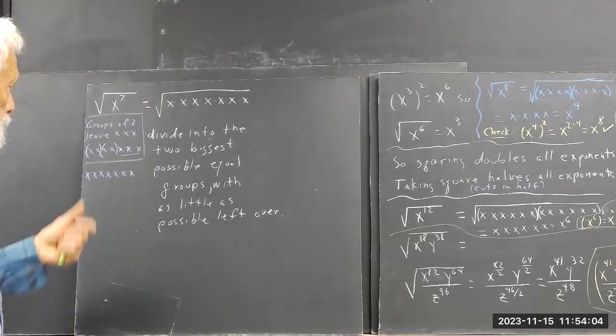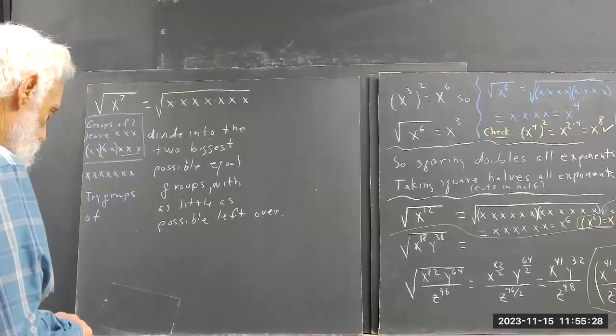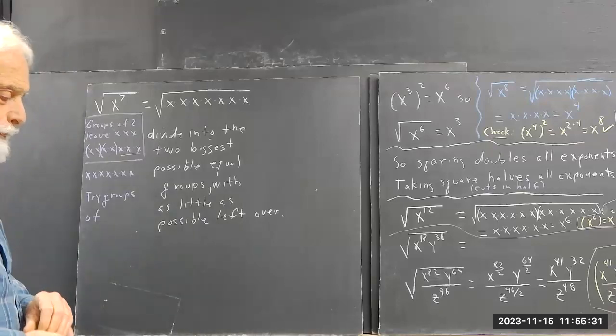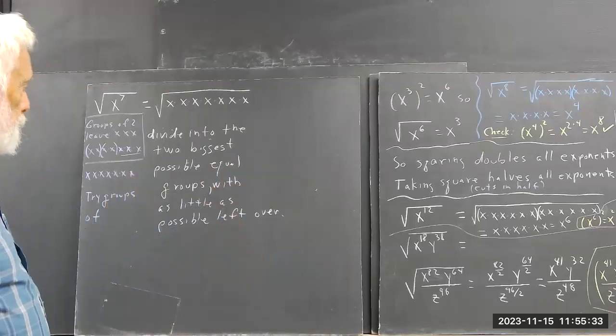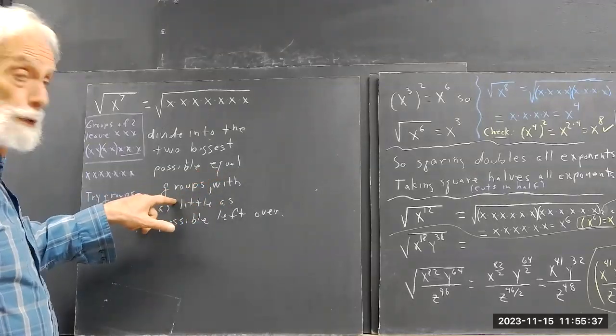So if we wanted to do a bigger group, what number could we use? To clarify, I got the question from one student, do they have to match each other? Yeah, because that's what we mean by equal groups.